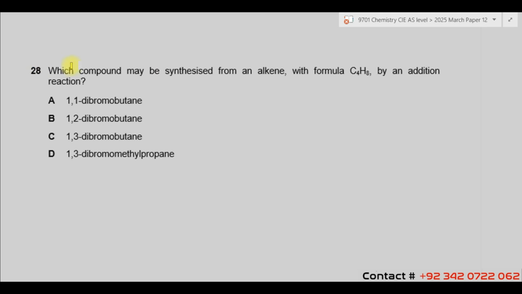Question number 28. Which compound may be synthesized from an alkene with the formula C4H8 by addition reaction? In the products we have dibromo. So let's react bromine with this alkene. It is a 4 carbon alkene, so it is butene.